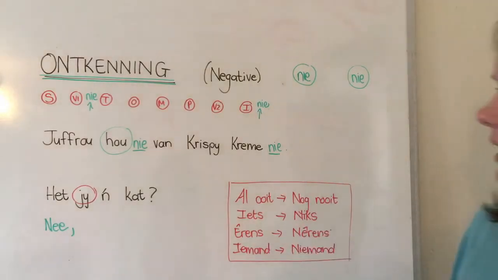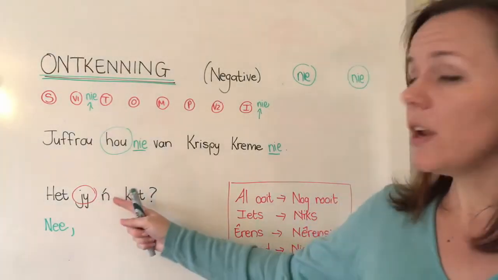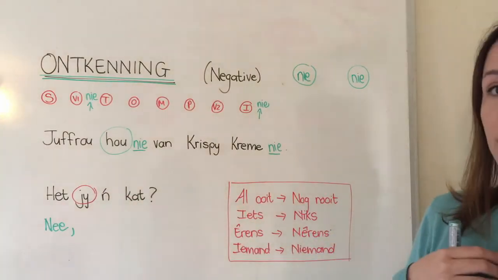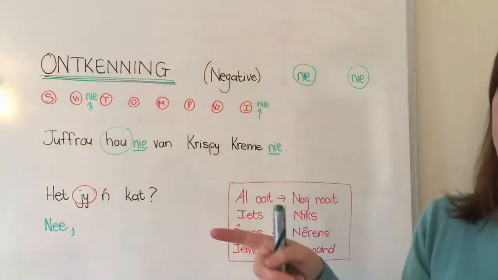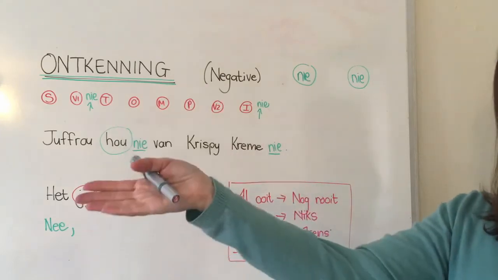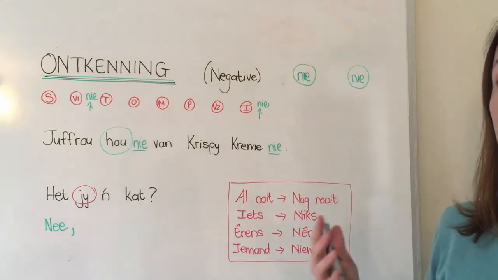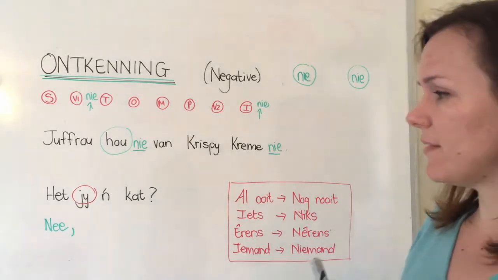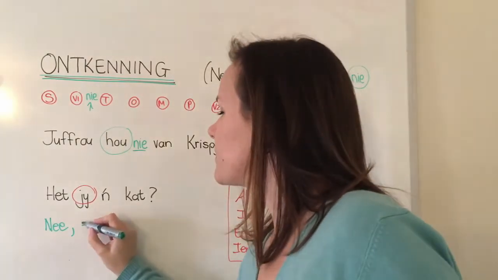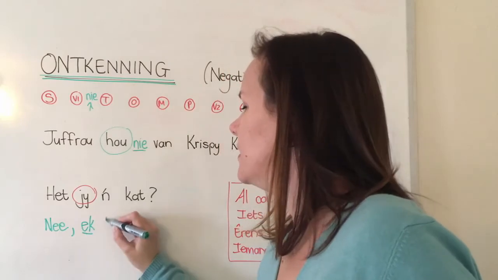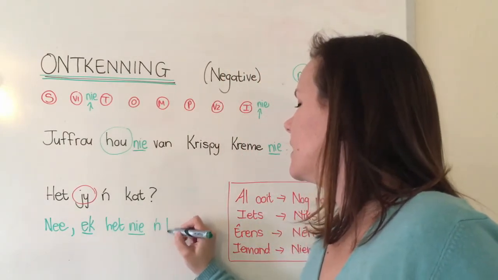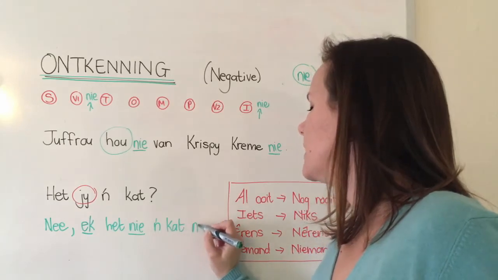So in this case, if somebody asked me, het jy 'n kat? I can't say, nee, jy het nie 'n kat nie, because then I'm answering for that person. I must say, nee, ek het nie 'n kat nie. I don't have a cat. So nee, ek het nie 'n kat nie.